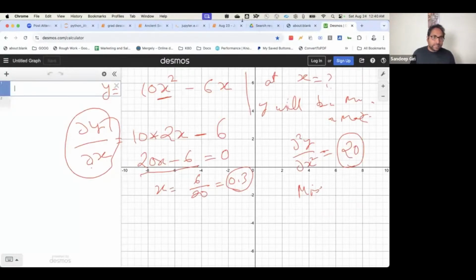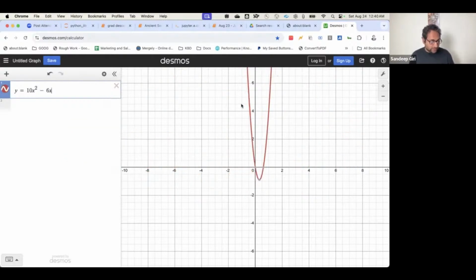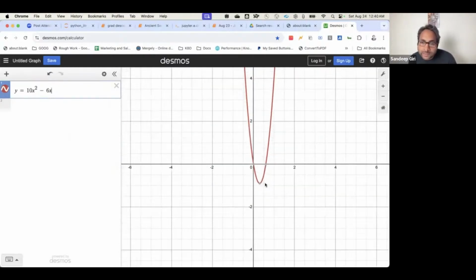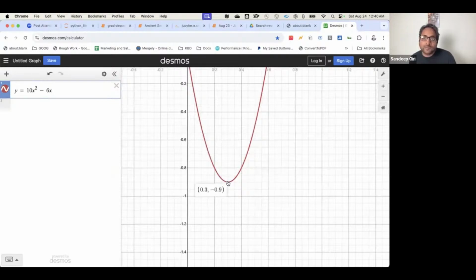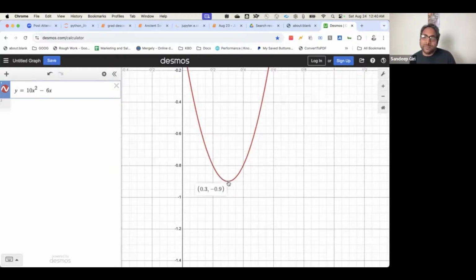It was y equals 10x squared minus 6x. Let's take a look at this equation. Do you see that? At the minimum, it's hitting the minima at 0.3.